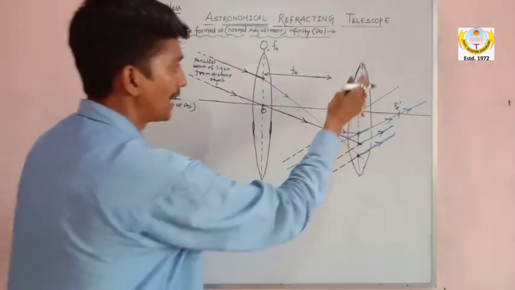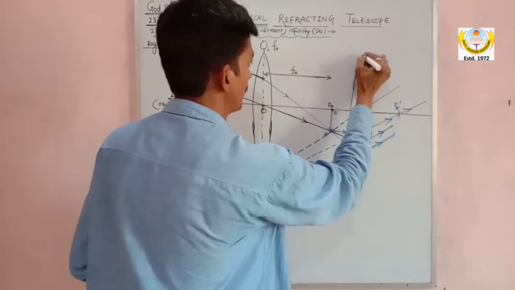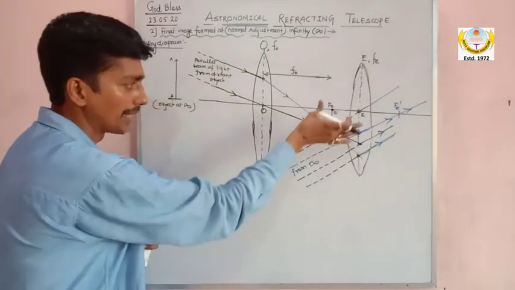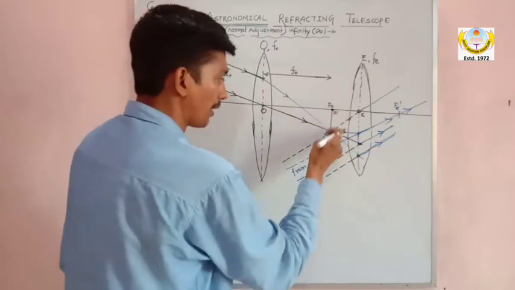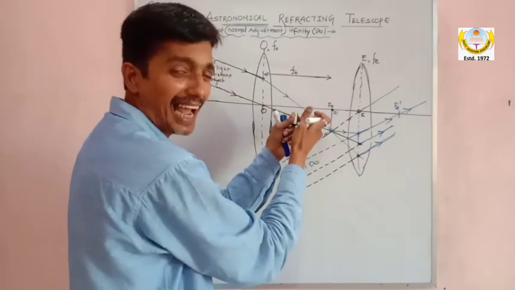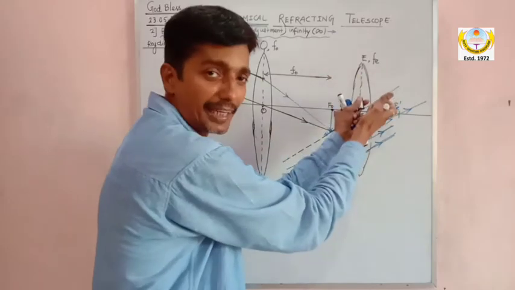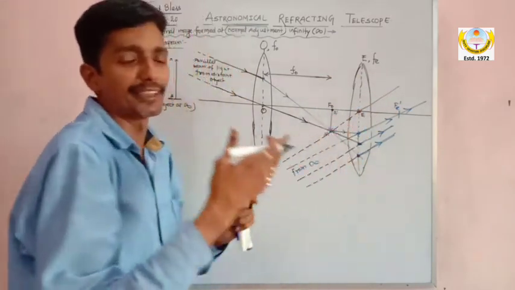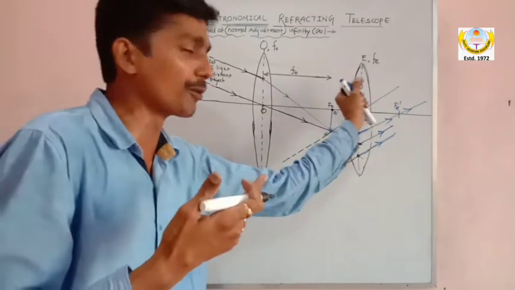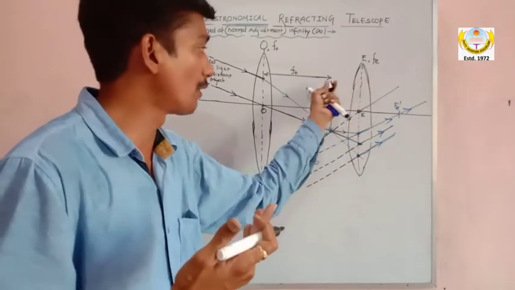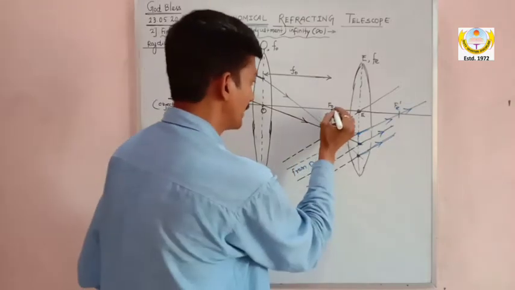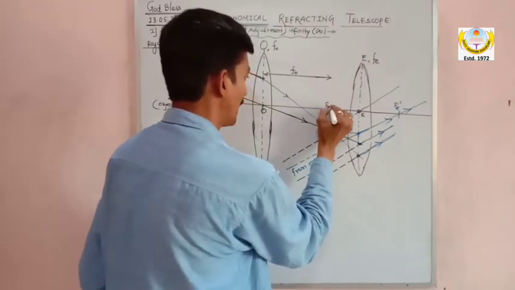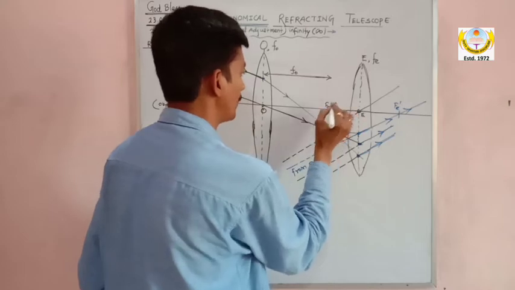And since the eyepiece, denoted by E having focal length Fe, is forming the image at infinity, no doubt this image A dash B dash is nothing but the object. Now I will adjust the eyepiece here. This is the difference. Earlier it was within the focal length of the eyepiece at a distance of Ue, but now, my dear, it lies at Fe also.